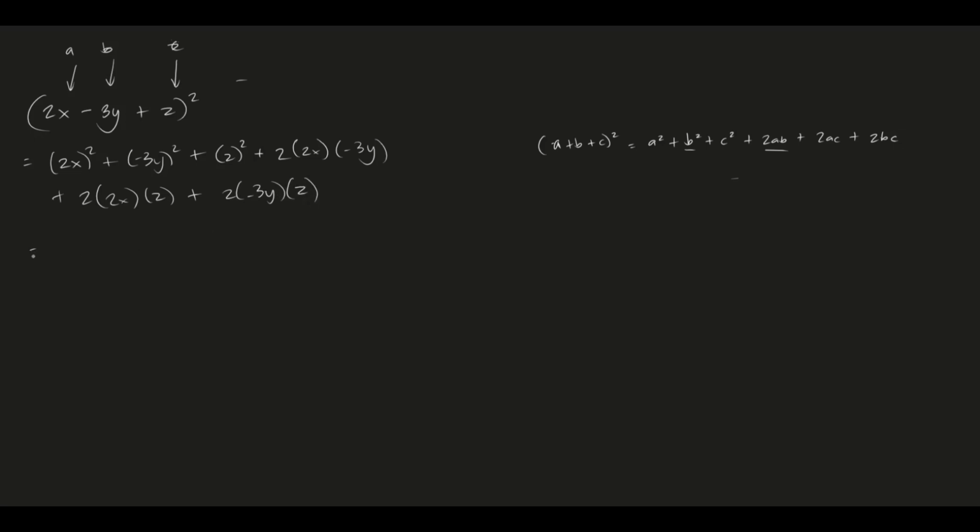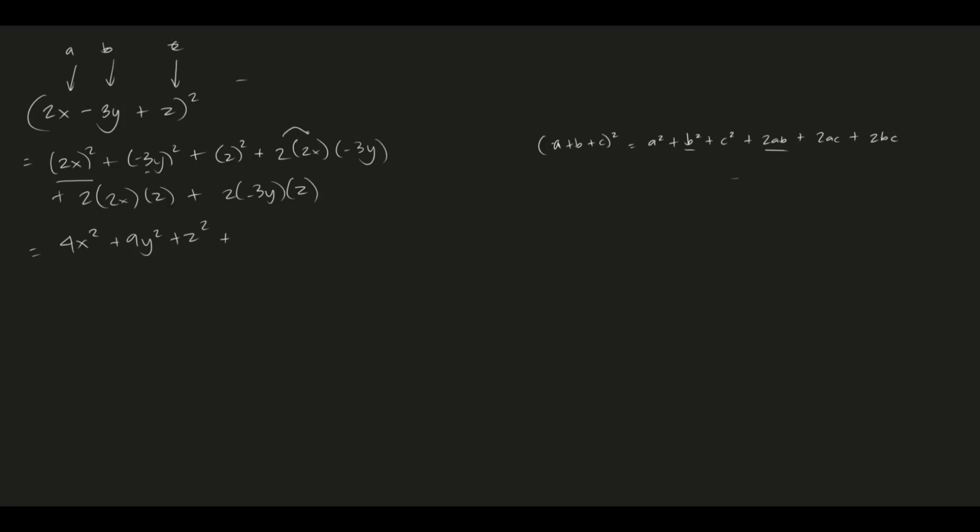So let's now try to simplify. First, we have to expand this one. So 2x, quantity squared: 2 squared is 4, and x squared is x squared, so we have 4x squared. Then negative 3y squared: negative squared is positive, 3 squared is 9, and y squared is y squared, so we have positive 9y squared, and z squared is z squared.